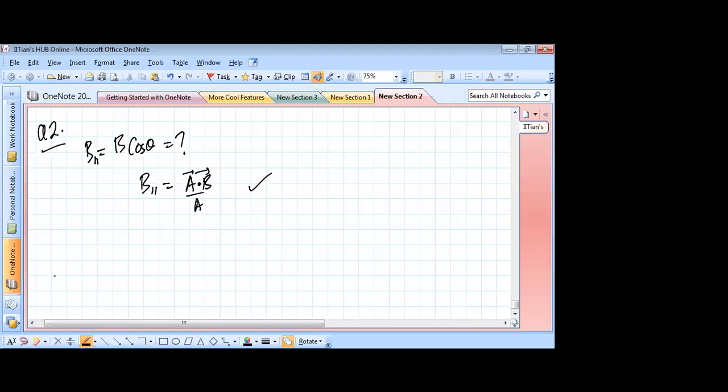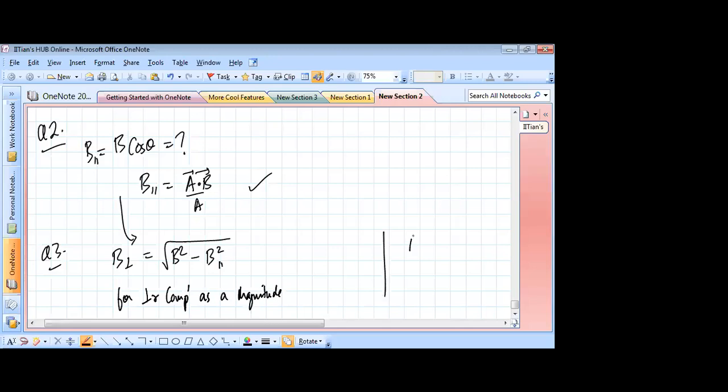Okay. And similarly now in question 3, you have to work out the perpendicular component. For the perpendicular, in terms of magnitude, you can just do this. If you wanted to find it as a vector, then you should have used the vector sum. But if you just want the magnitude, you have to do this. This is for the perpendicular component as a magnitude.